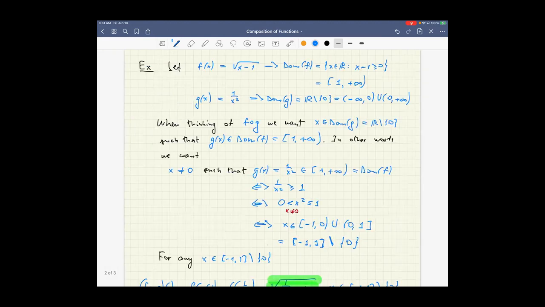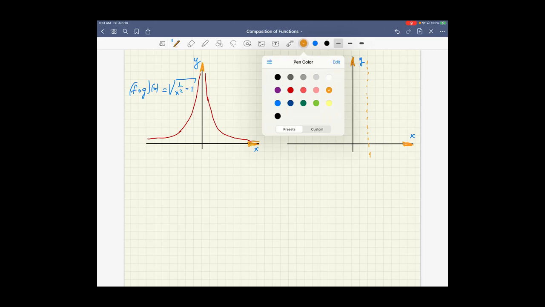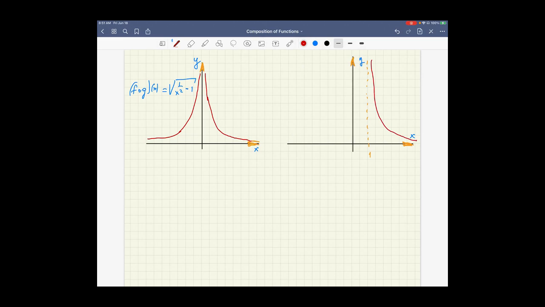G composed with f is 1 over x minus 1, and that has a picture like this. In particular, it's very clear in the graphs that f composed with g is not the same as g composed with f.